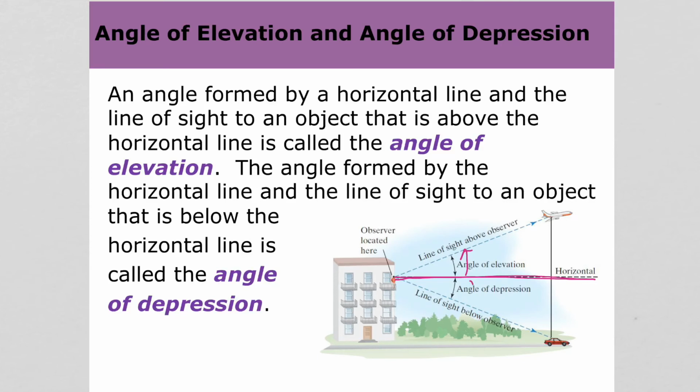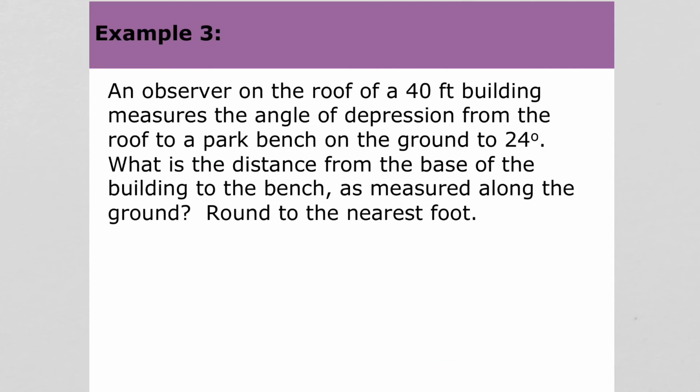An angle of depression is down from the horizontal. An observer on the roof of a 40-foot building measures the angle of depression from the roof to a park bench on the ground to 24 degrees. What is the distance from the base of the building to the bench as measured along the ground?